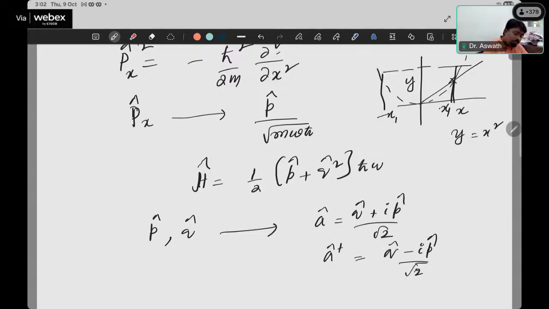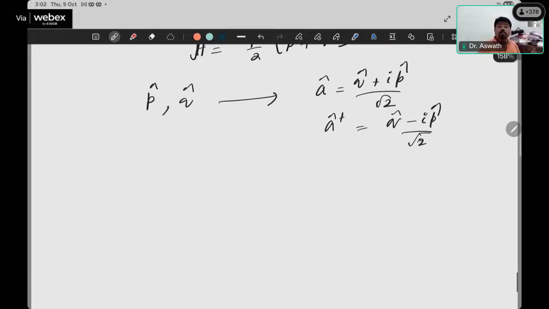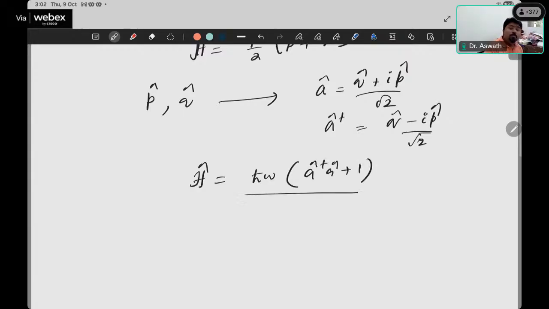So if you introduce these non-Hermitian operators, the Hamiltonian becomes much simpler. It will simply become h omega times A dagger A plus half. Now I have just linear terms. How?